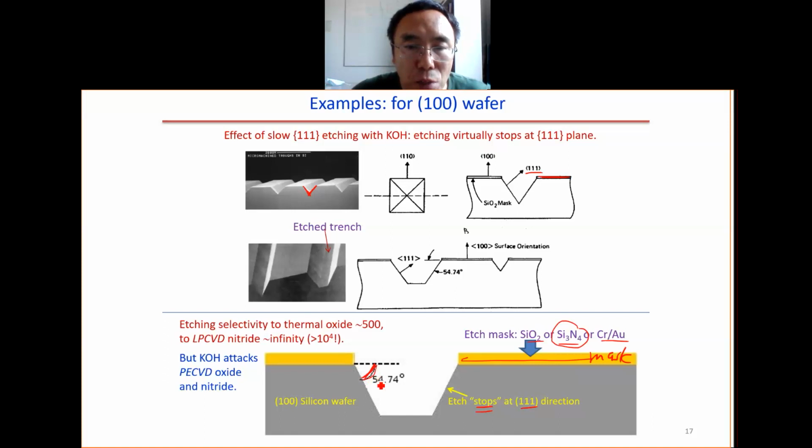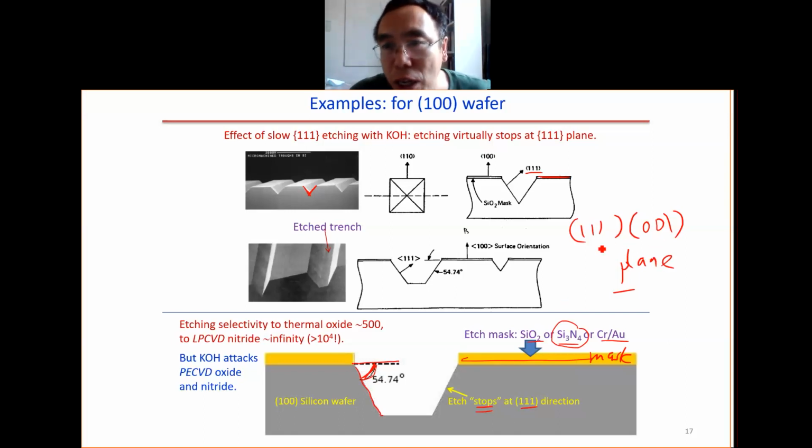This is the angle between the 111 and 001 planes. So this is the 111 plane and this is the 001 plane. How to calculate the angle between those two planes?